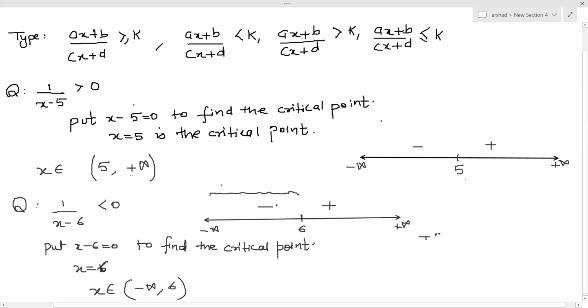Okay, very good. Rishan has already done this question, so we will start the next question.